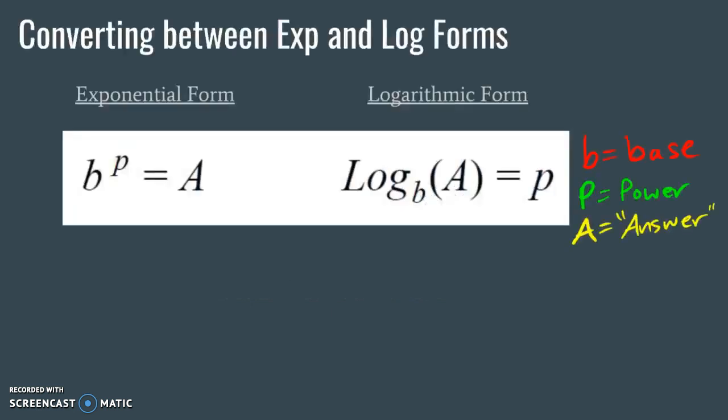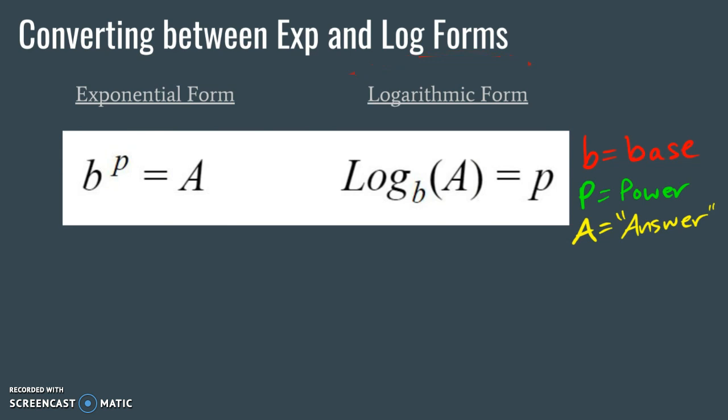Okay, let's begin. Due to the inverse relationship between exponential and logarithmic functions, they both can be rewritten as their inverse counterparts. We call this a conversion. So let's examine these two forms, exponential form and logarithmic form.